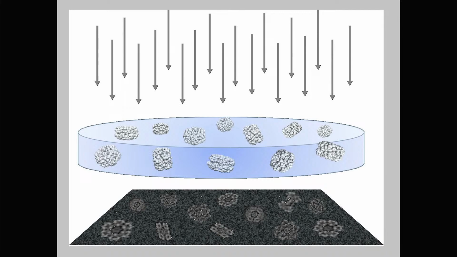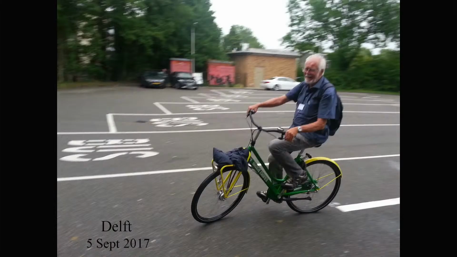The vitreous water has a density almost identical to that of water. It's not like crystalline water that expands and then disrupts all the structures. And from these projections, you can then calculate the three-dimensional structure.